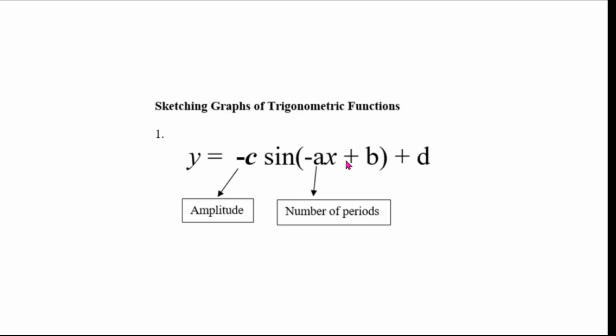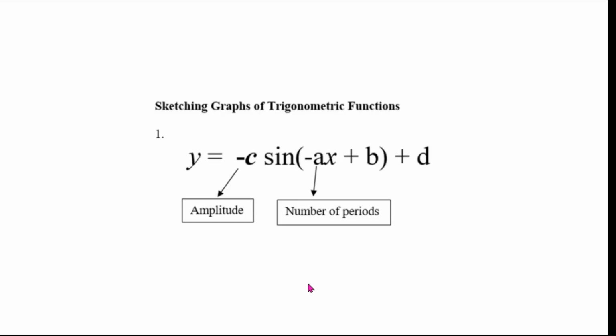And B means translation left or right. Negative means reflection in the x-axis. C means enlargement in the x-axis direction with scale factor C. And D means translation up or down.